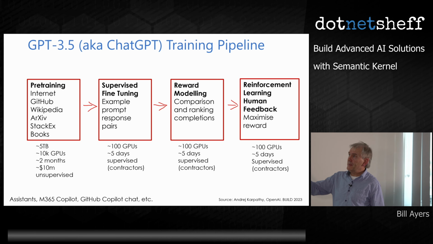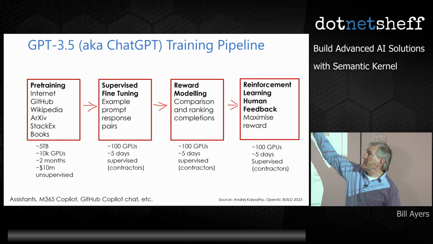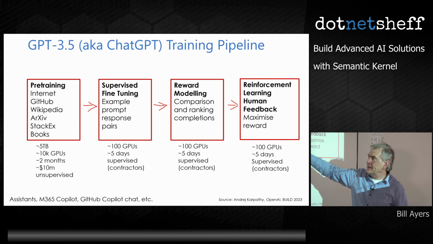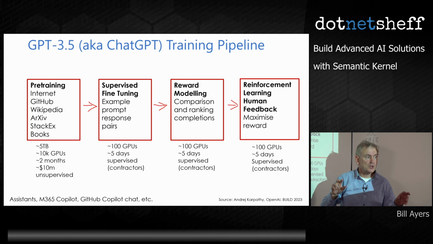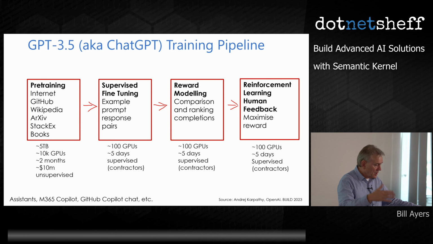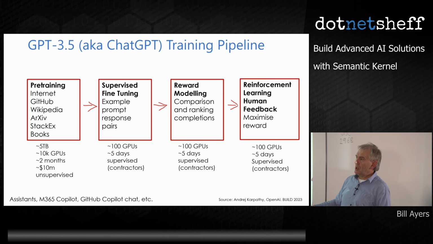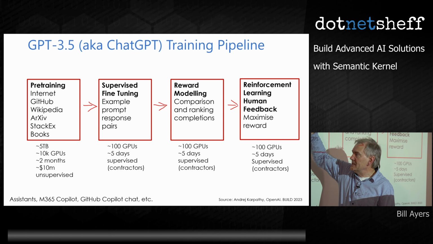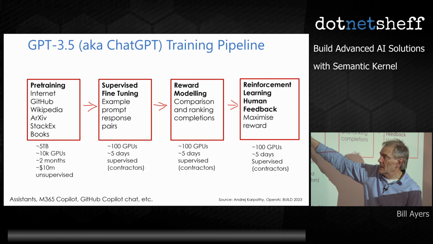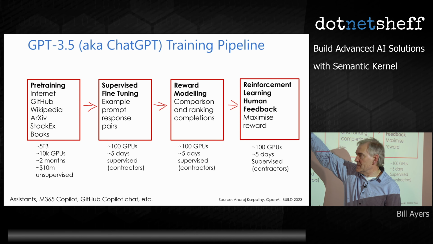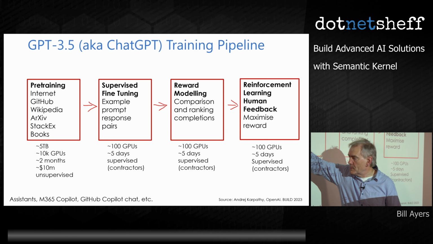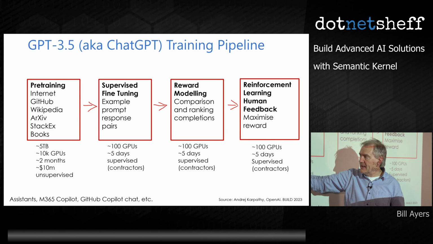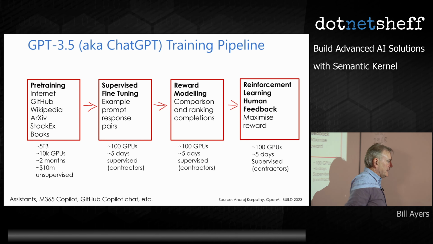So for GPT 3.5, so this is the ChatGPT model, they first of all took the foundational model, which was GPT-3 or some slightly later version of GPT-3, and that was the pre-training. So pretty much all the internet and GitHub and Wikipedia and Archive, which is an academic papers database, and all the books it could get hold of, and the model was then trained using that.